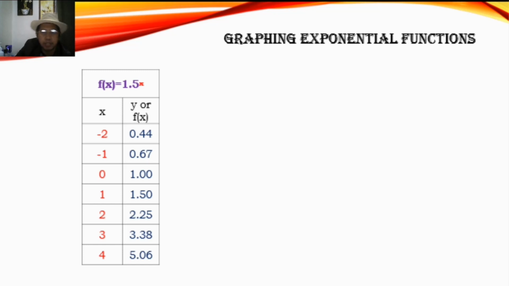If my x is negative 1, the result of the function would be 0.67. And if I have 0 as my x, my y will always be 1. And again, (0, 1) is always the y-intercept of the exponential functions involved.